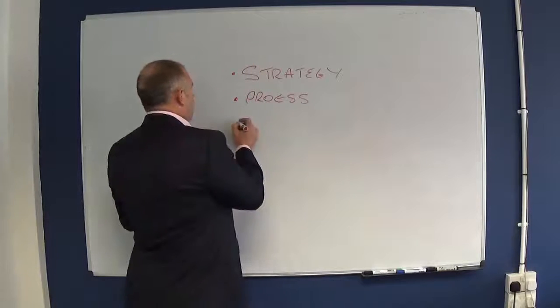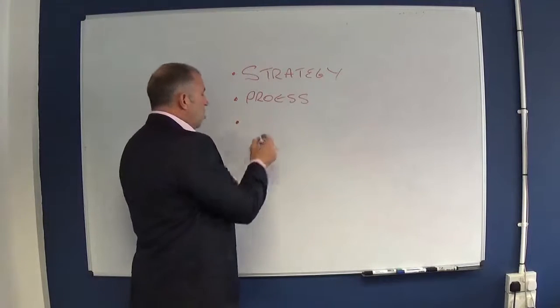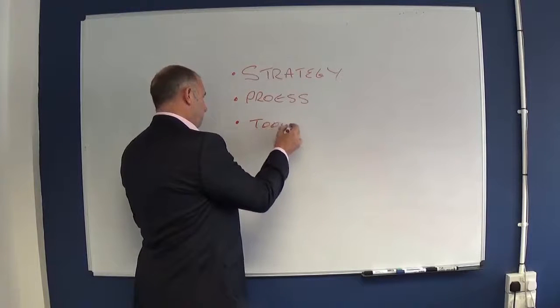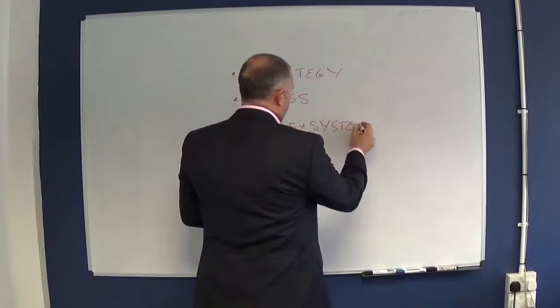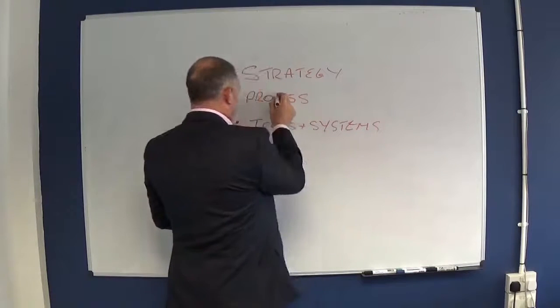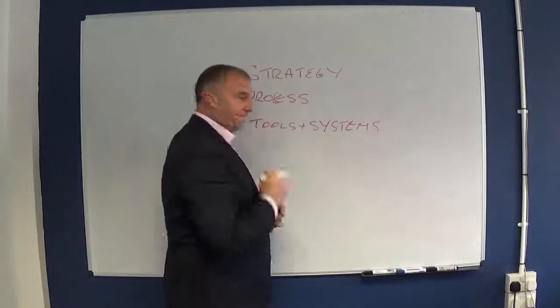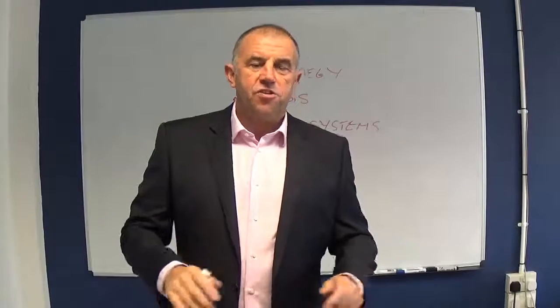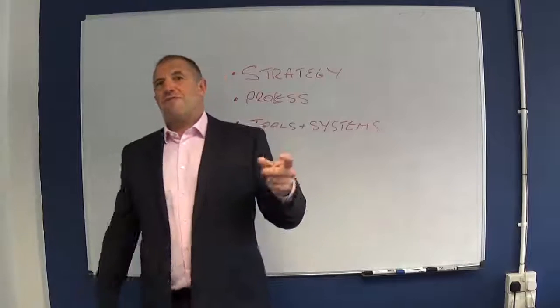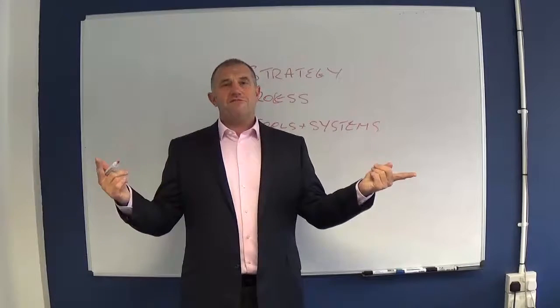Number three, tools and systems. Far too often we just see a program with a risk register. What's wrong with risk registers?